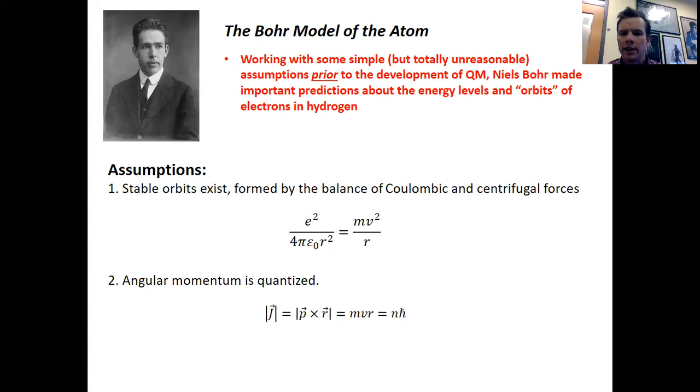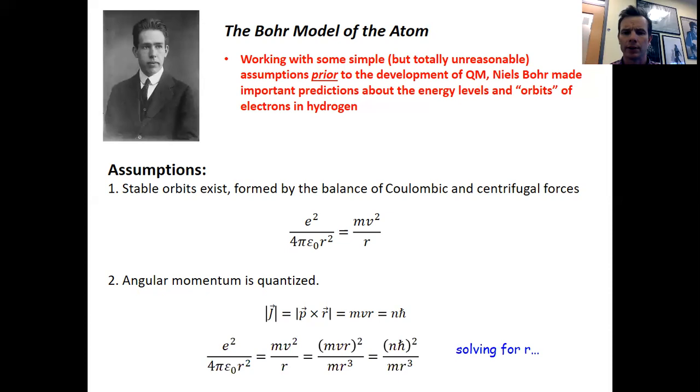The second assumption he made was that angular momentum was quantized. So here's our classical formula for J, p cross r. If I solve for the magnitude of that, you get mvr, and he said that was going to be equal to integer values of h bar units. So 0, 1, 2, and so on. If you start to put these two together, you get some interesting results.